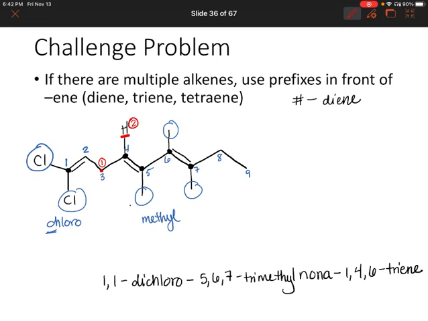And then looking at carbon 5, let's prioritize those groups. So we have a methyl group down below, and then carbon 6 off to the right. And we already know that a methyl group carbon is just bonded to 3 hydrogens, right? Whereas carbon 6 is bonded to more carbons down the chain. So that would have higher priority.